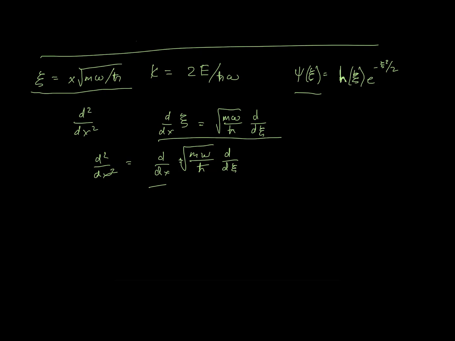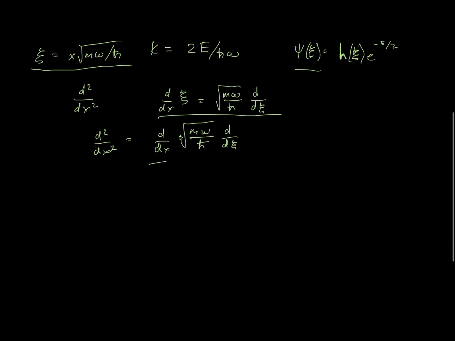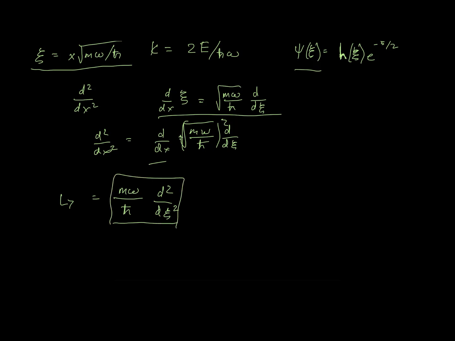So we can actually just turn this into m omega over h bar, because it's this quantity squared, times d squared over d xi squared. Now this is important. So this is what replaces our d squared dx squared, okay?